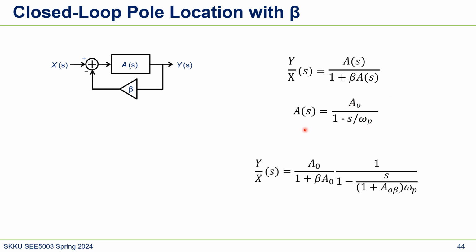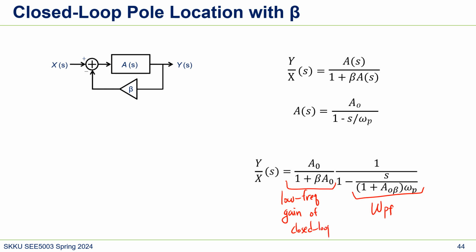Here we just repeat the equation that we derived before. If we assume a single pole amplifier, then our closed loop gain will look like this, and this would be our new feedback pole. And this would be the low frequency gain of the closed loop.